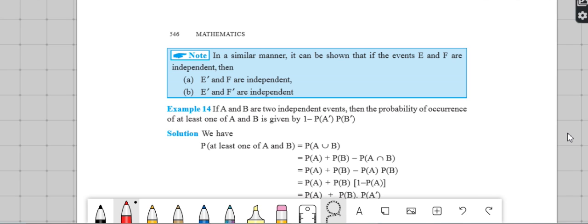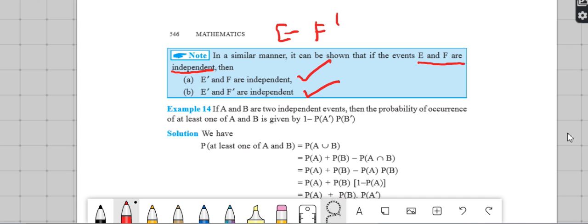If E and F are independent events, then E prime and F are also independent, and E prime and F prime are also independent, and we can say E and F prime are also independent.